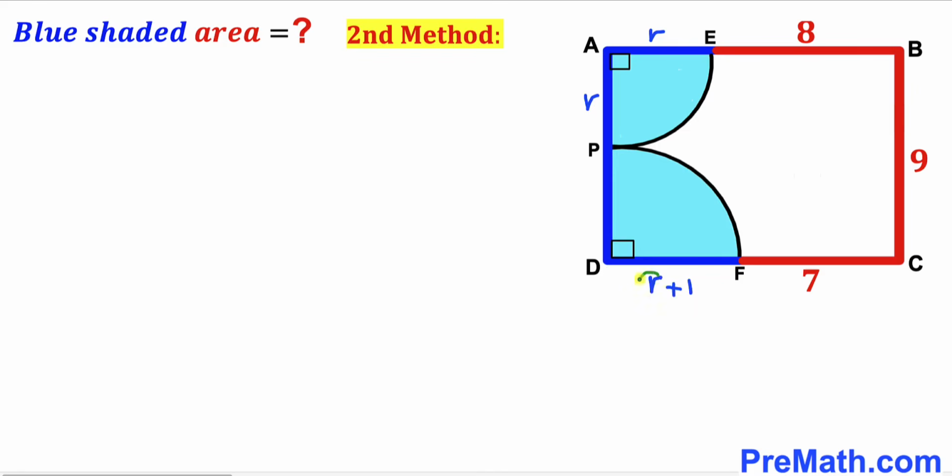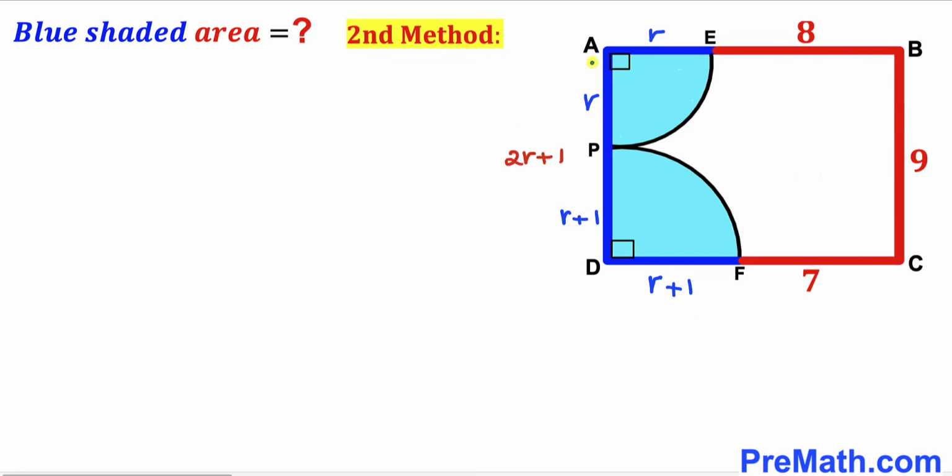If this radius is lowercase r plus 1, then this radius has got to be lowercase r plus 1 as well. And now let's make an observation. We can see that this whole side AD length is going to be lowercase r plus lowercase r plus 1.